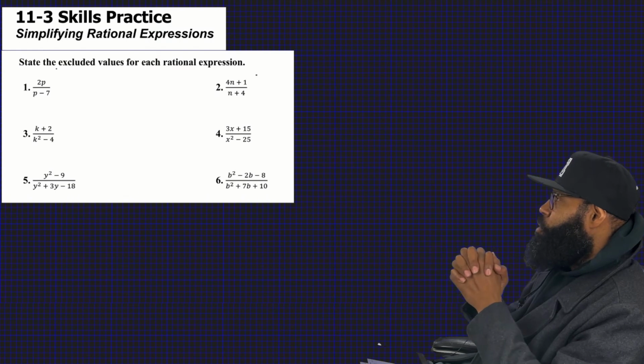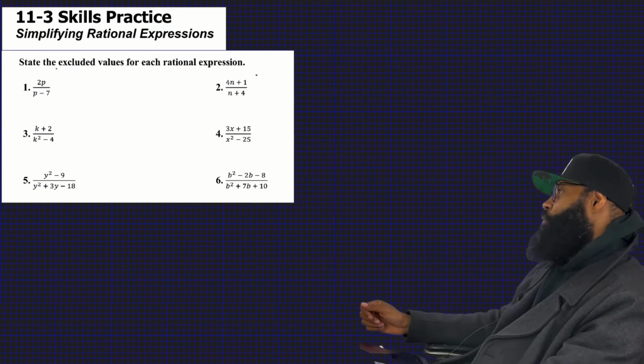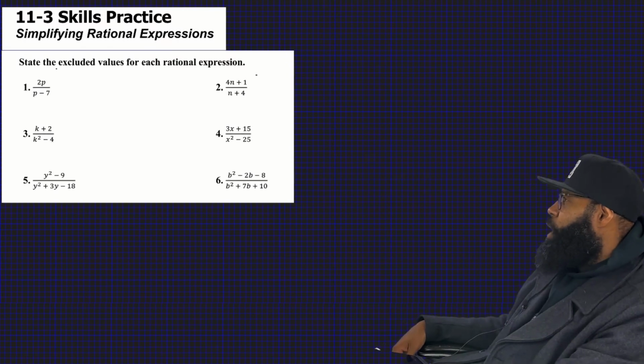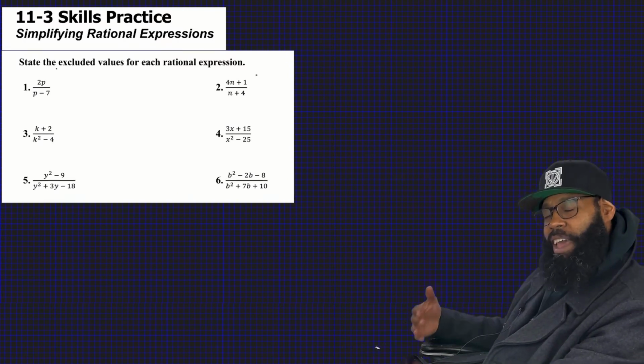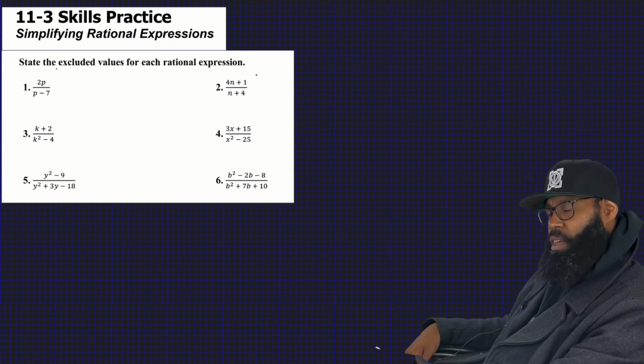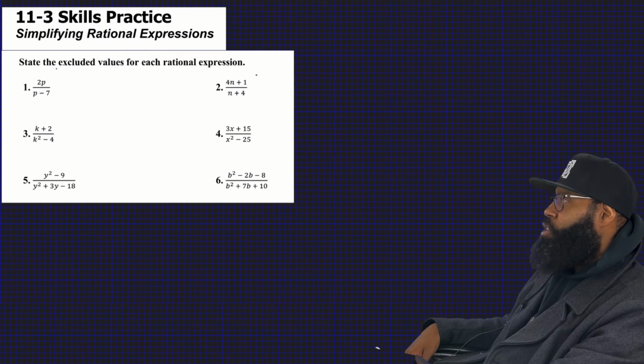So for number 2, n cannot be negative 4. Exclude that value. And for number 3, hold up, I've got a second degree binomial. That second degree binomial in the bottom needs to be factored. Again, if you were with me in earlier chapters, you recognize the difference of 2 squares, k times k and 2 times 2.